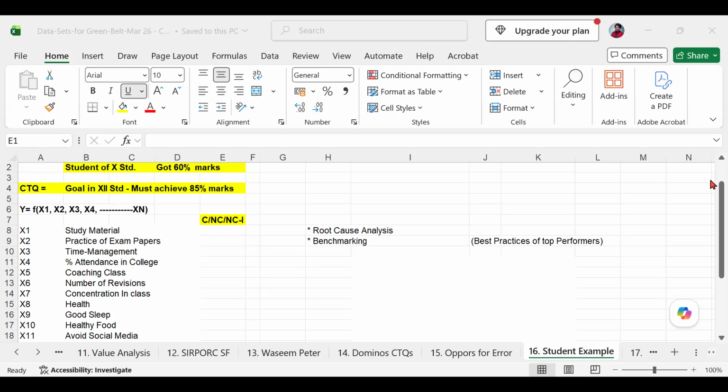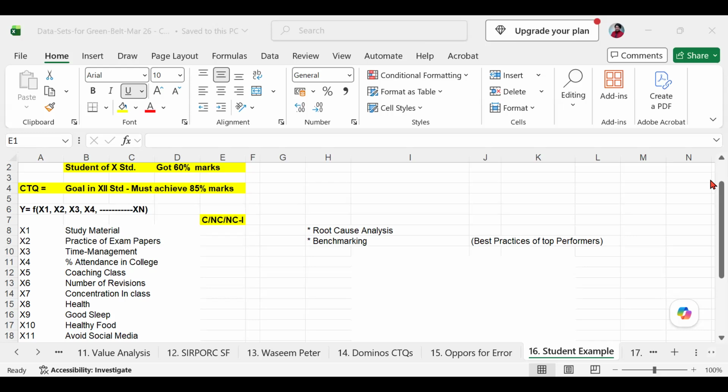To change the output, we have to change the performance of the inputs and these controllable factors, which we are writing as X1, X2, X3, so on up to Xn. These are the inputs and controllable factors. So Y is the effect, X's are the causes.